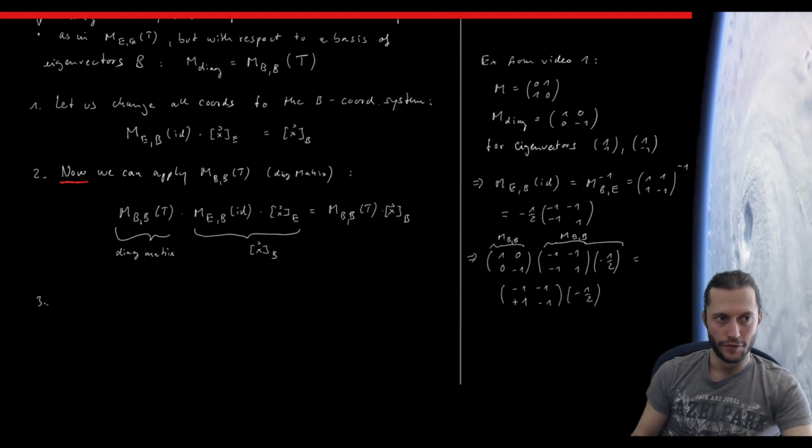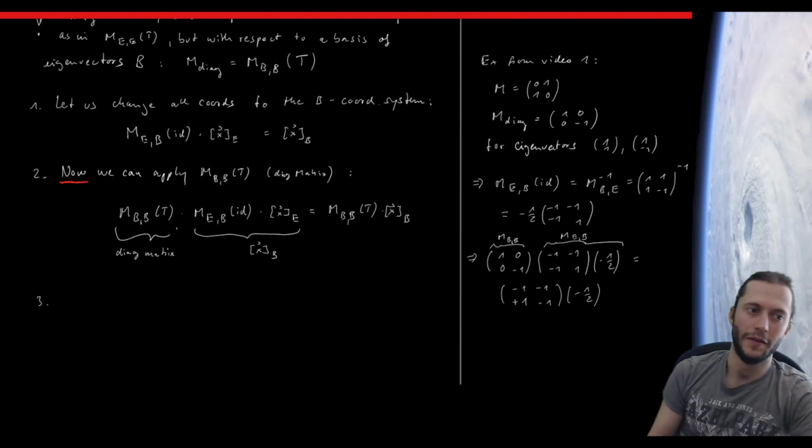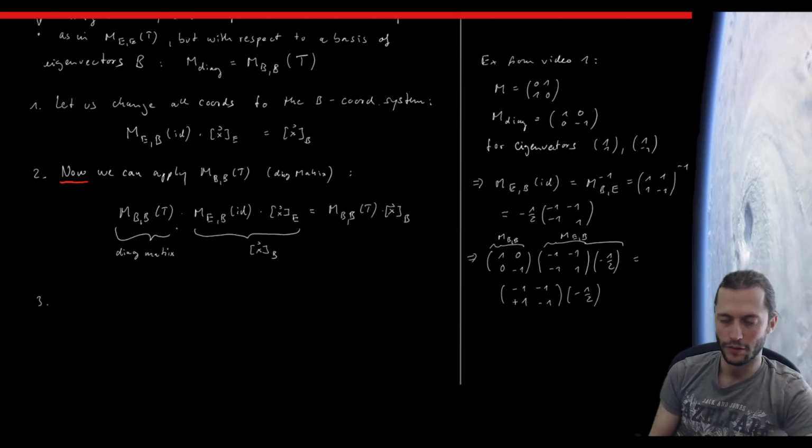Now, we transformed all vectors so that we have them in B coordinates and can put them into the so great diagonal matrix. Now you say, well, but actually I don't want to have anything to do with these eigenvector basis coordinates. After all, the standard basis is always the best.